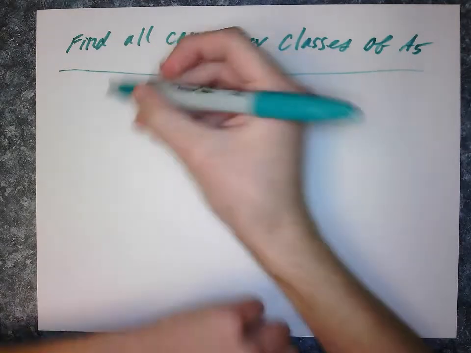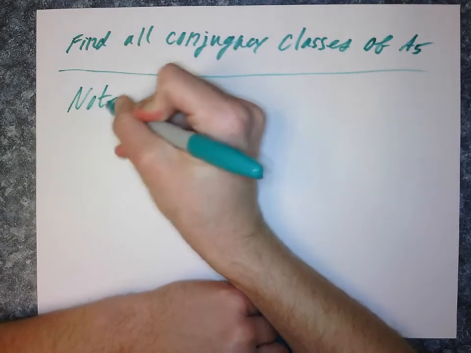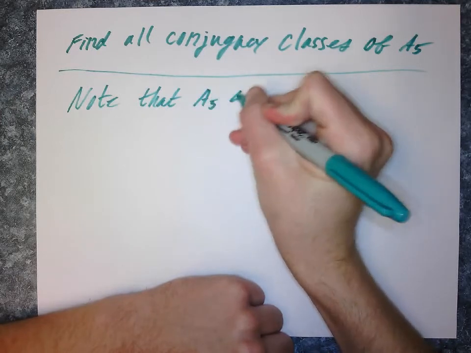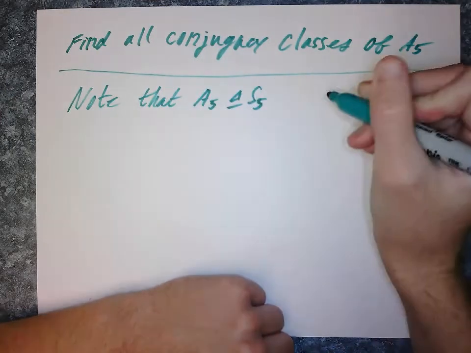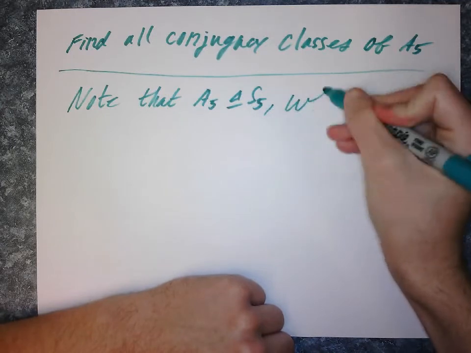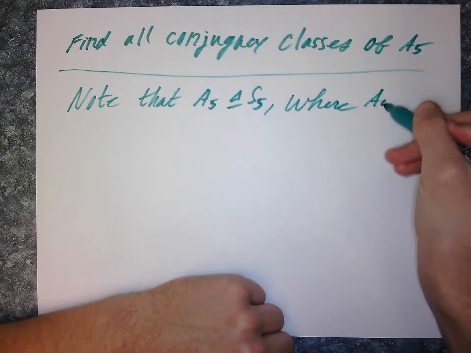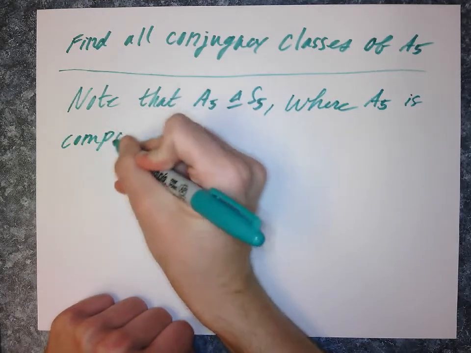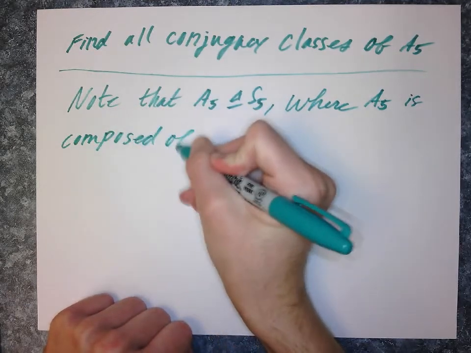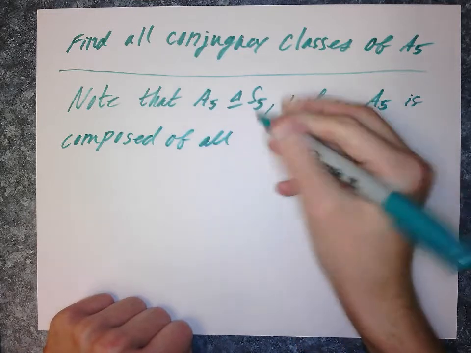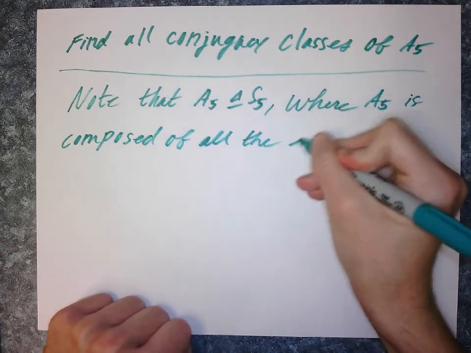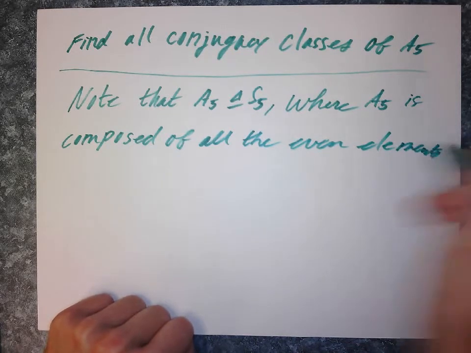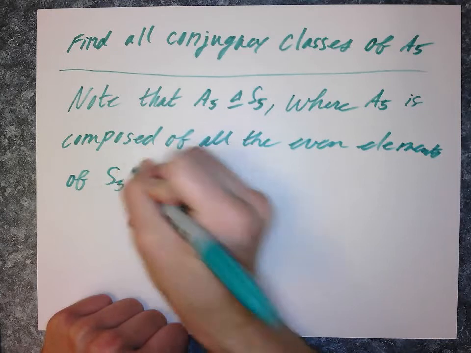So note that A5 is a normal subgroup of S5, where A5 is composed of all the even elements of S5.